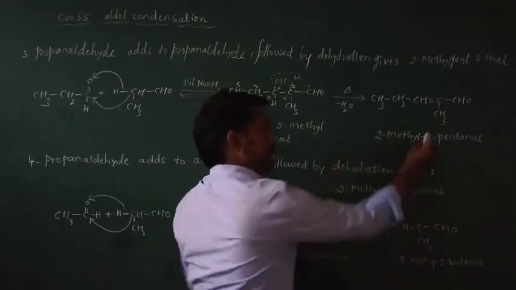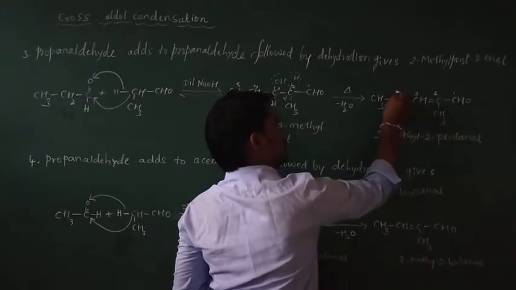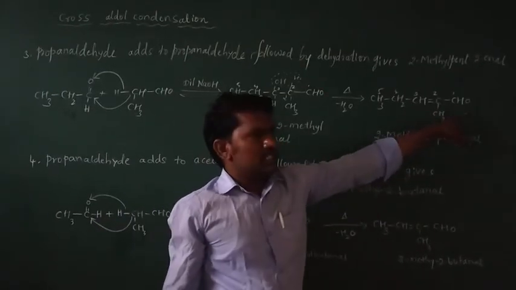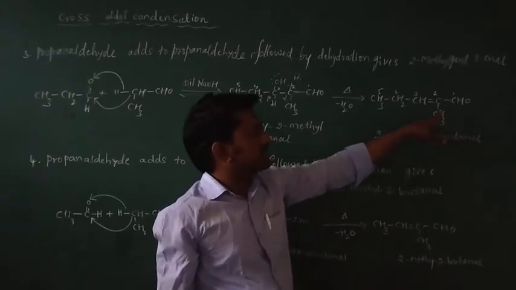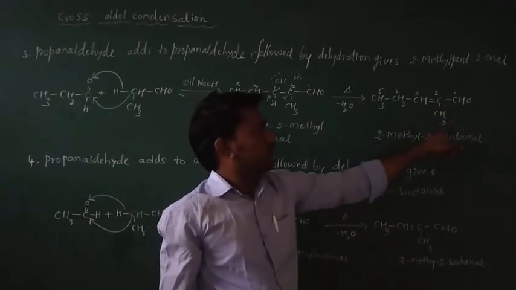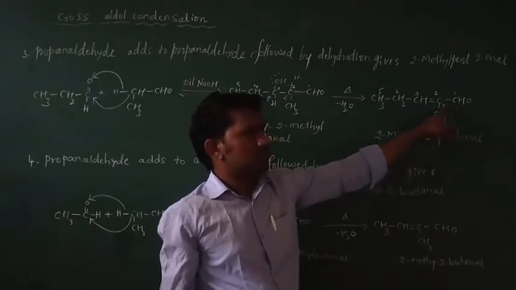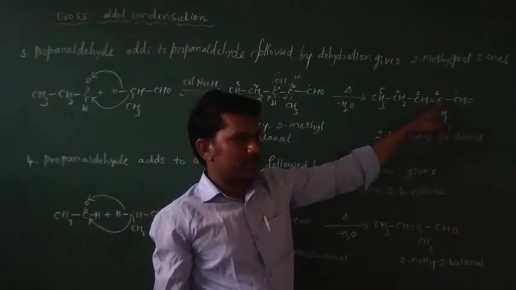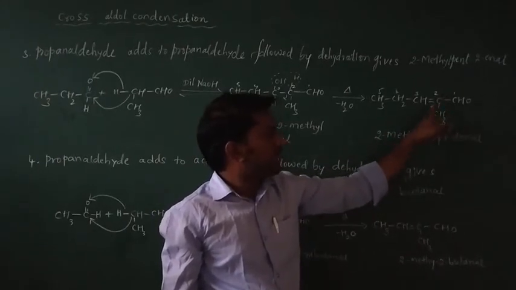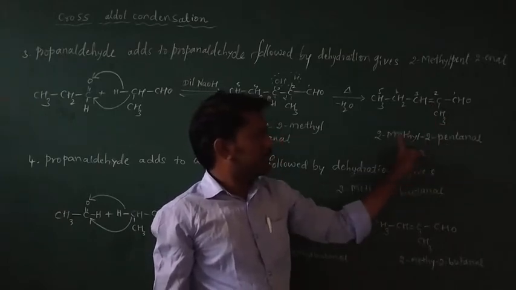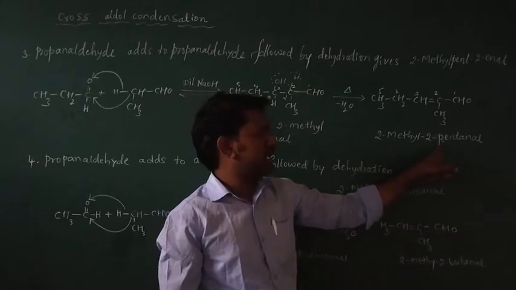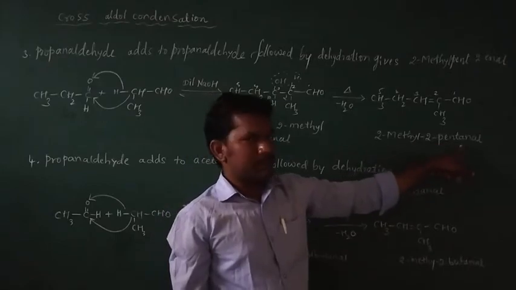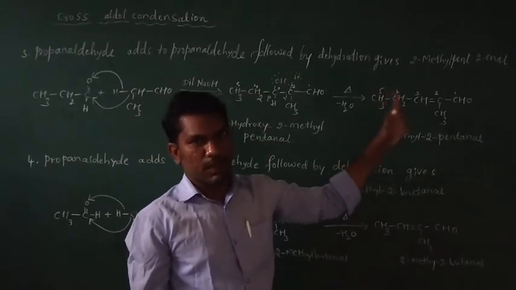Numbering 1, 2, 3, 4, 5 carbons means pentane; the functional group is aldehyde, pentanal, with one methyl branch at position 2. The second carbon also contains the double bond. So 2-methyl-2-pentenal; the 2 indicates the position of the double bond at the second carbon. This is the aldol condensation product.